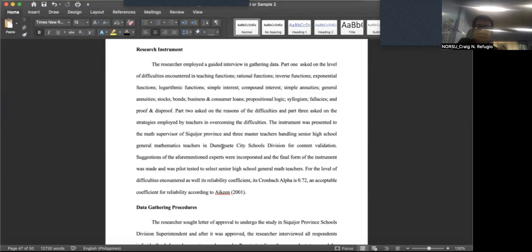But you are going to consider experts. Experts will be the ones to validate your instrument. One of the things you consider in terms of experts is this: when we look into math teachers' competencies, math teachers' difficulties, and all about math, we can consider the math supervisors as experts, then the master teachers for math as experts, or even the veteran math teachers.